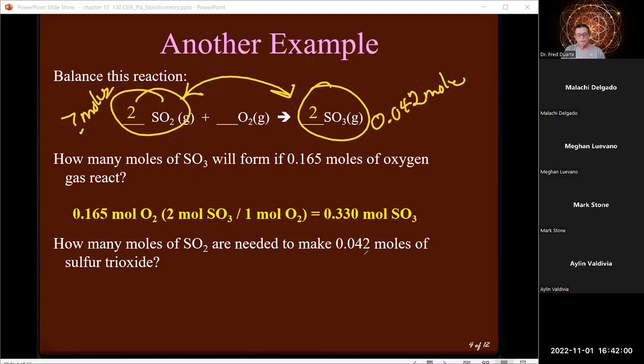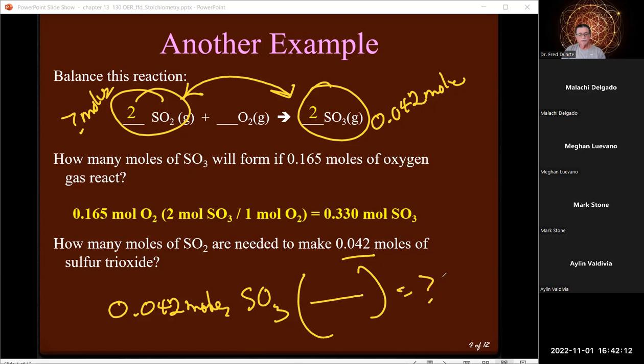Okay, write down what we're given. SO3. We are looking for moles of SO2. So SO3 in the denominator, SO2 in the numerator. SO3 is 2, SO2 is 2.